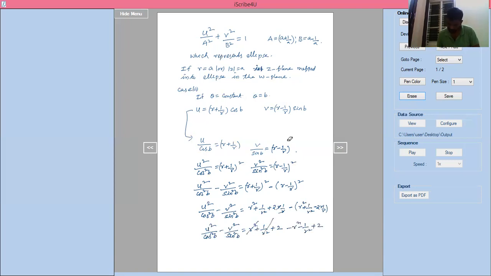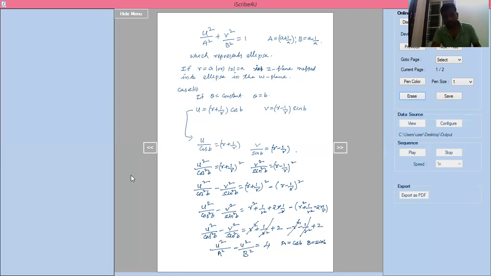Now r square minus r square and 1 by r square minus 1 by r square cancel, leaving 4. This one we can write as u square divided by A square minus v square divided by B square equal to 4, where capital A is cos b and capital B is sin b.